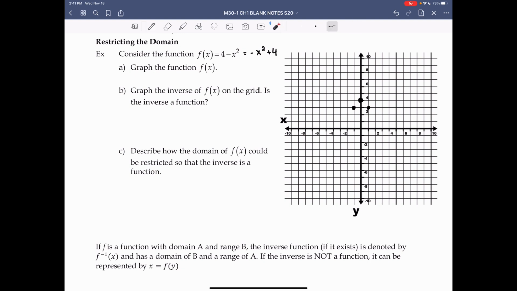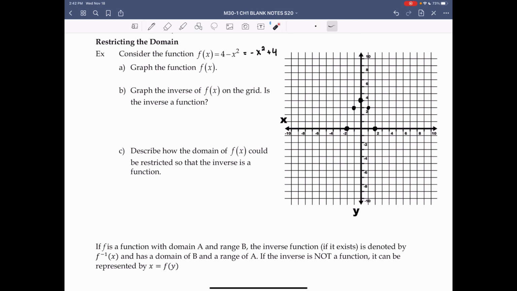Y equals x squared has a point at negative 2, 4. Reflect that across the x-axis, it becomes negative 2, negative 4. Then shift that up 4 units, it becomes negative 2, 0. And quadratics are symmetrical, so we have a point at positive 2, 0 as well.